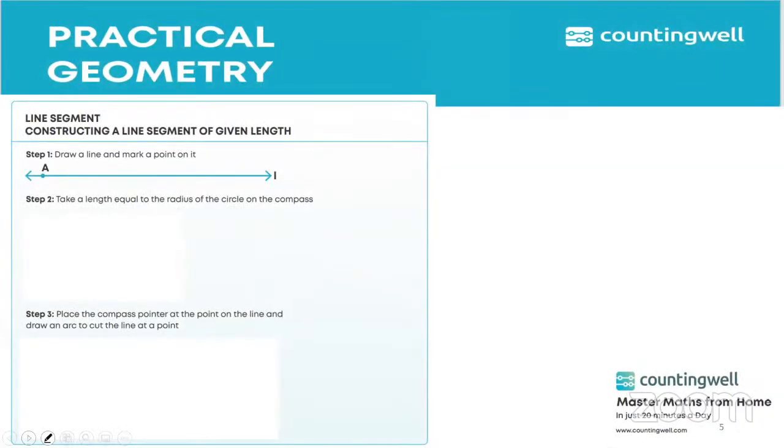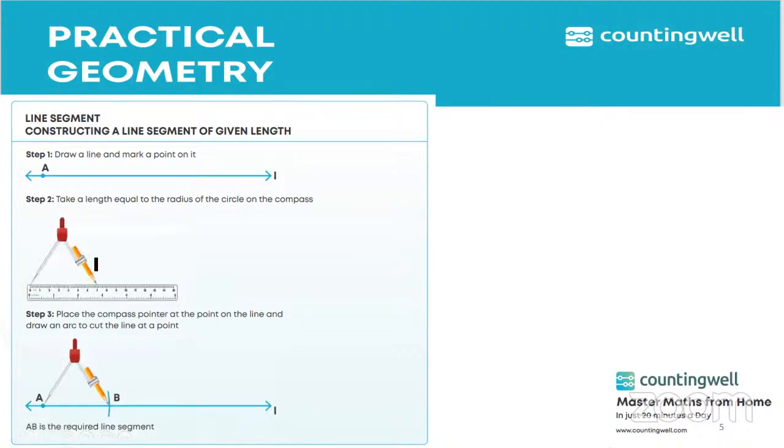Let us see how to construct a line segment of given length. For example, here we are going to draw a line segment of required length. So first of all, we draw a line and mark a point on it. So we have drawn a line L and marked a point A on it.